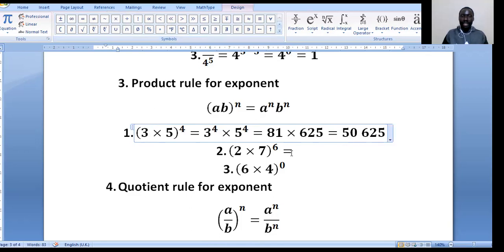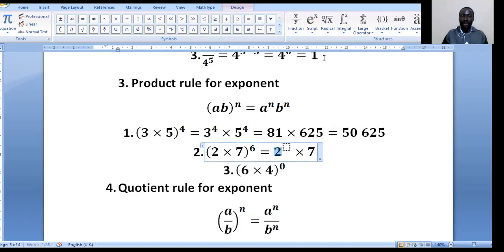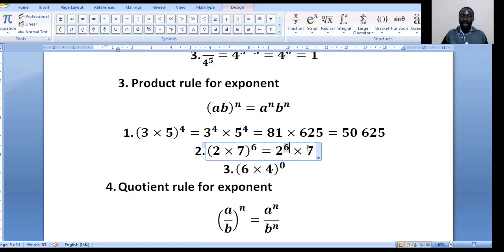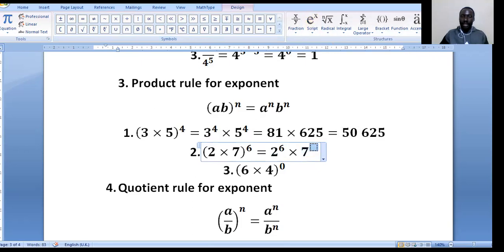Now, coming on to the second question, well, it's a similar approach. We'll still be having 2 times 7, with the 6 distributed as exponent of 2 and as exponent of 7. So that way we'll be having 2 exponent 6, then 7 exponent 6. Like that.